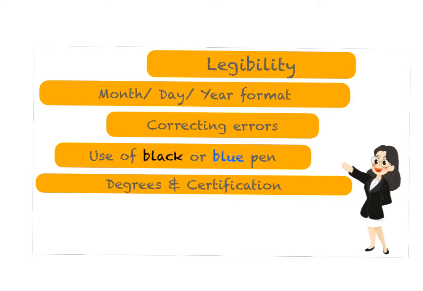So for instance, my name, okay, and the degrees. So already done with my master's, licensed PT here in the Philippines and in the US. So this one, certification and degrees. So I think we will be discussing this one in the next slides.